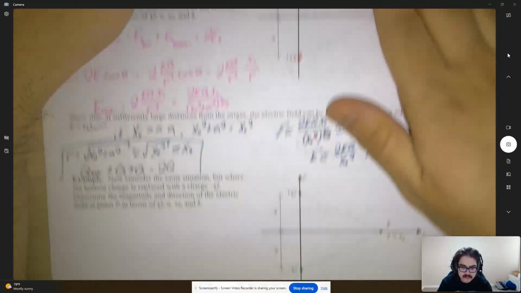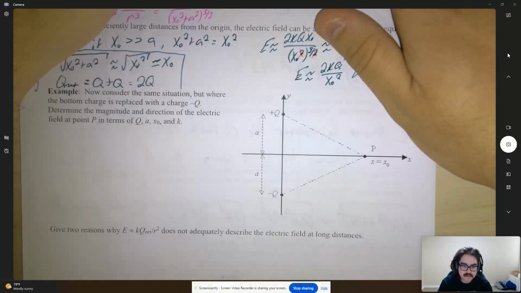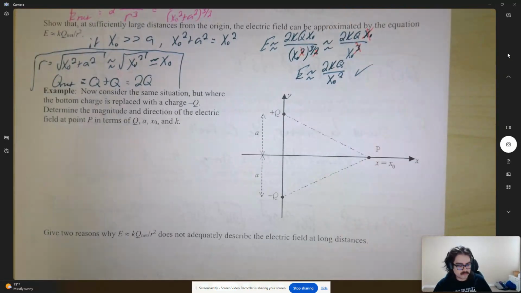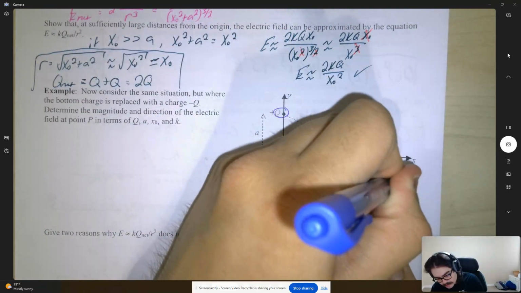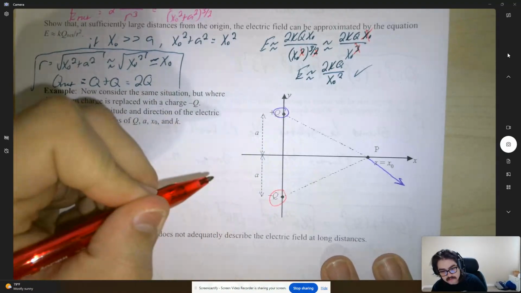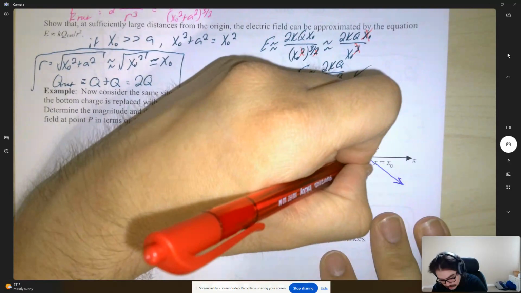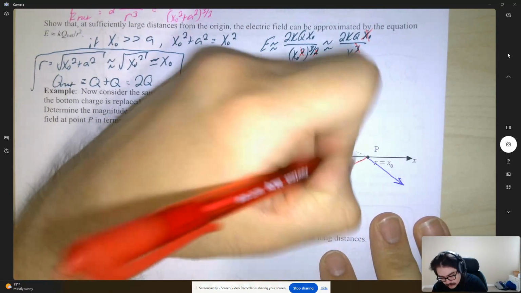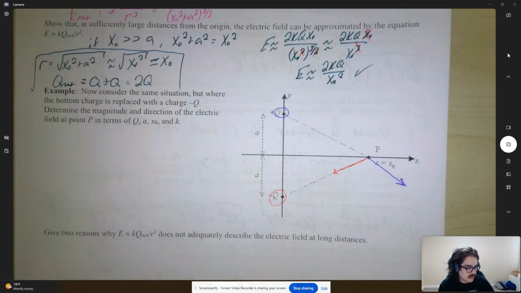Now, consider the same situation, but the bottom charge is replaced with negative q. This one is a little bit different, because now the top charge is still going to do the same thing that it did last time, but the bottom charge, instead of repelling it, is now going to pull it. So then you end up having the horizontal components cancel out, and this looks a little bit different.